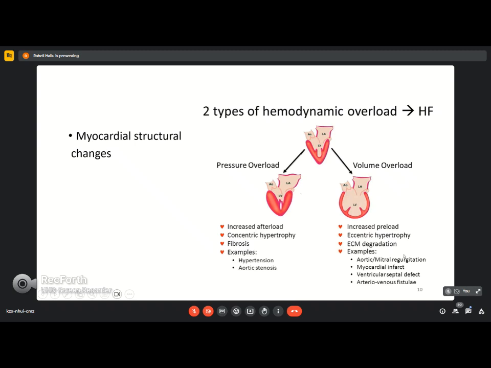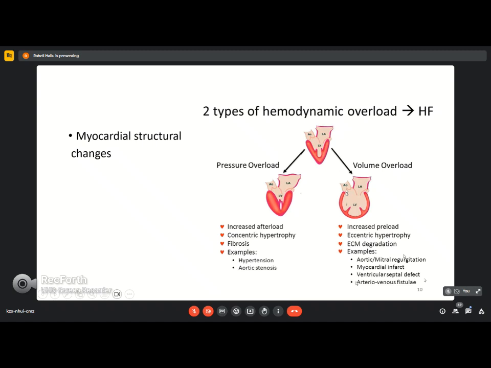Myocardial infarcts can result in volume overload, again due to insufficiency, but mostly valvular insufficiency as a result of endocardial damage or myocardial damage. Ventricular septal defects, because there is shunting and mixing of blood, give a large volume expected within the ventricles.